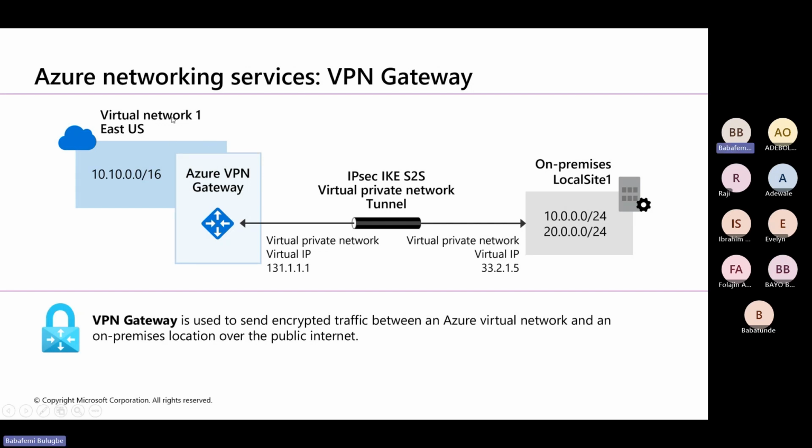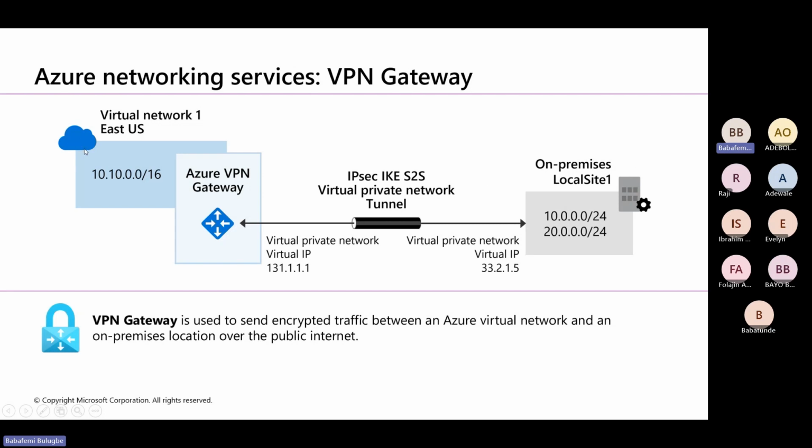So you have a virtual network in Azure. This is the Azure environment. When you see something like this, this is the icon that is used in representing VPN gateway. When you see the cloud, that means you are in Azure. When you see this icon, it means you have an on-premise environment.